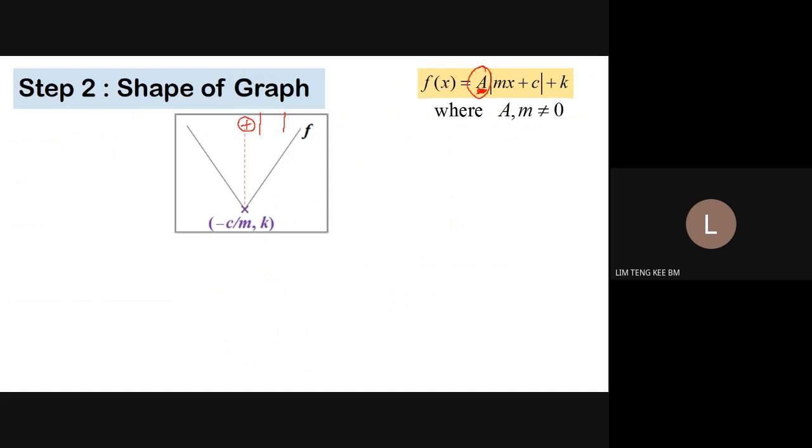The sign of m is not important here, because this shape is for the case of positive x. If I want the case of negative x, you flip this V shape horizontally and you still get back the V shape. That's why the m doesn't play any important role in deciding the shape. We just focus on the sign of a.